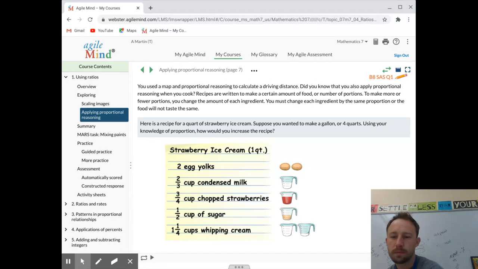What if we wanted to decrease this recipe? Divide. Good. That's right. We could divide it by maybe 2 or 3 or 4, or could we multiply it by a number that's less than 1, like a half or a fourth? Would that work, Halen? Not real sure? So I want y'all to think about this.